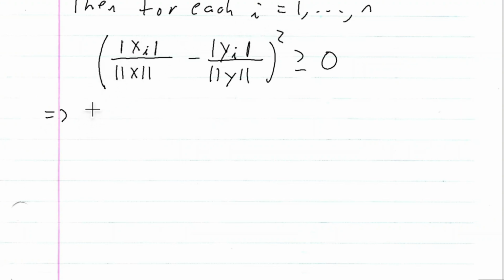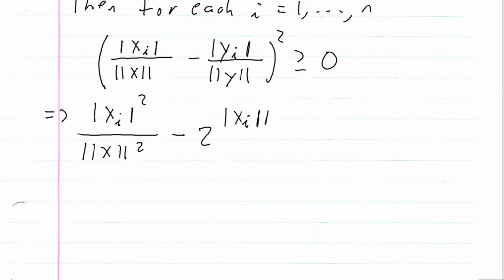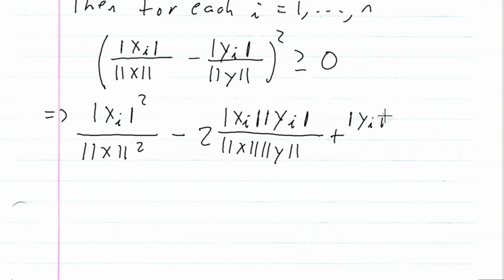So this whole distributed will be the absolute value of x_i squared over the norm of x squared, minus 2 times the absolute value of x_i times the absolute value of y_i over the norm of x times the norm of y, plus the absolute value of y_i squared over the norm of y squared is bigger than or equal to 0. Right? This is just completely distributed.